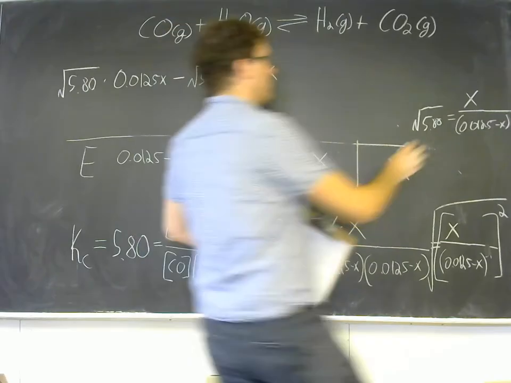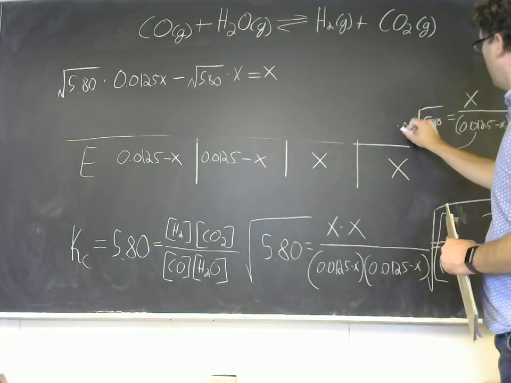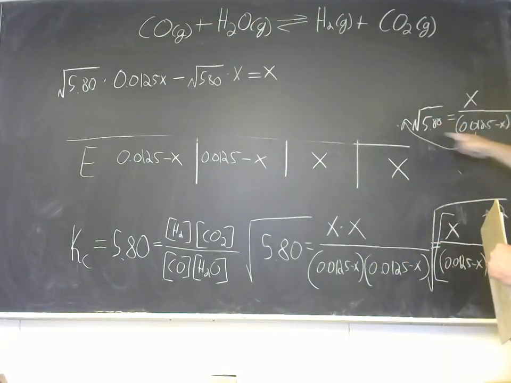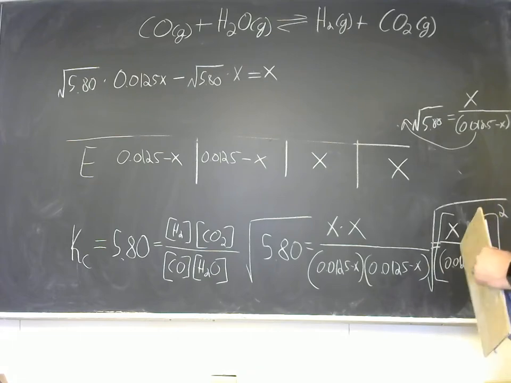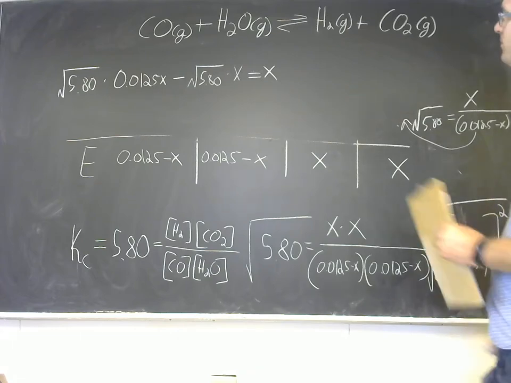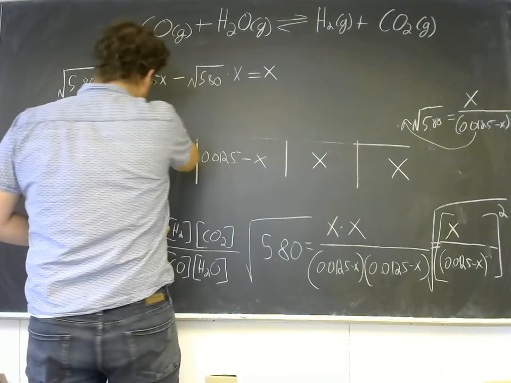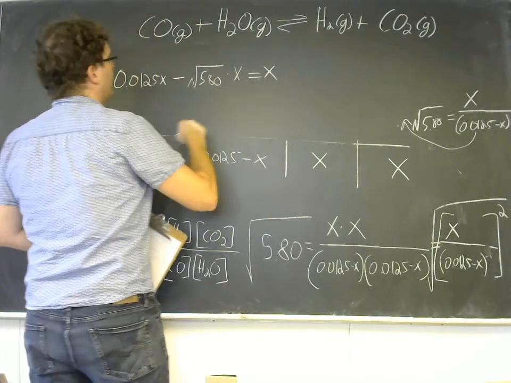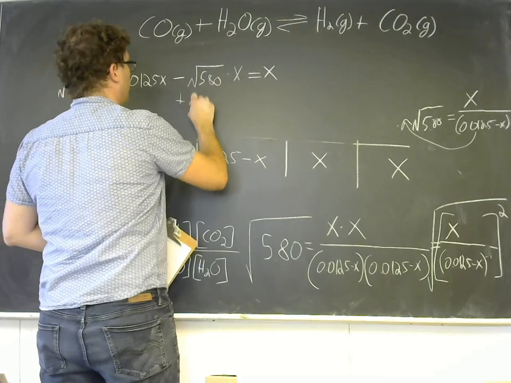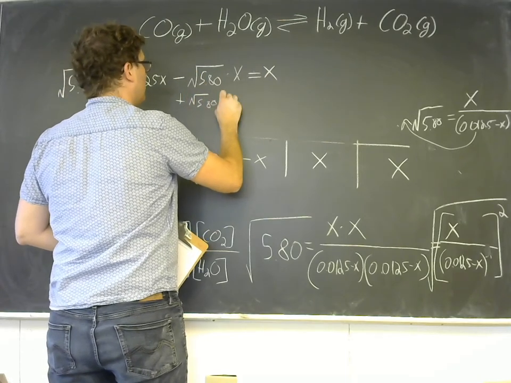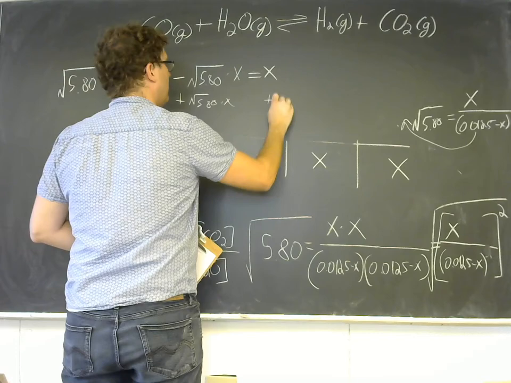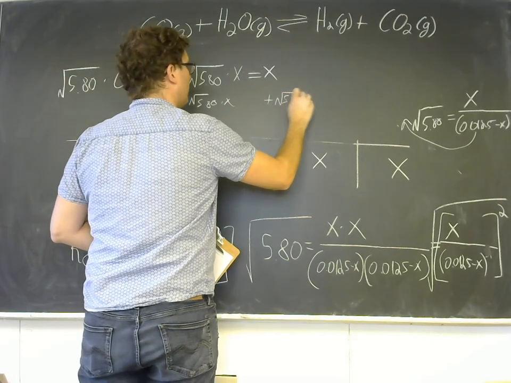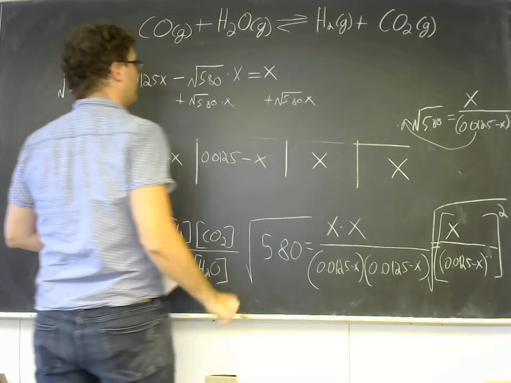I've just taken this denominator and brought it over and distributed the root 5.80 over to both sides. And we can go ahead and add the square root of 5.80 times x to both sides.